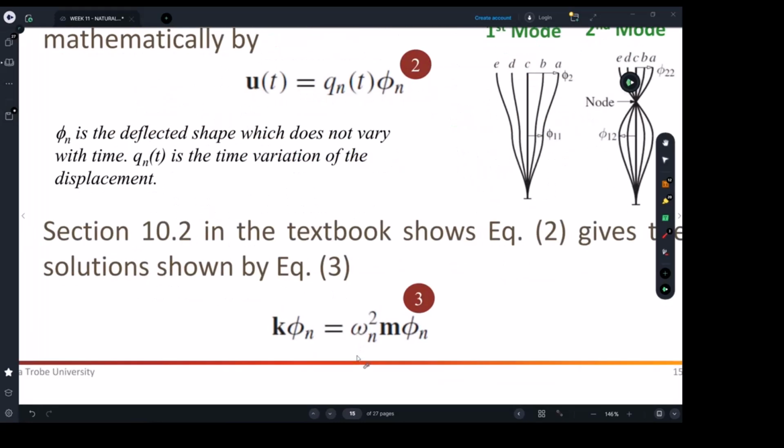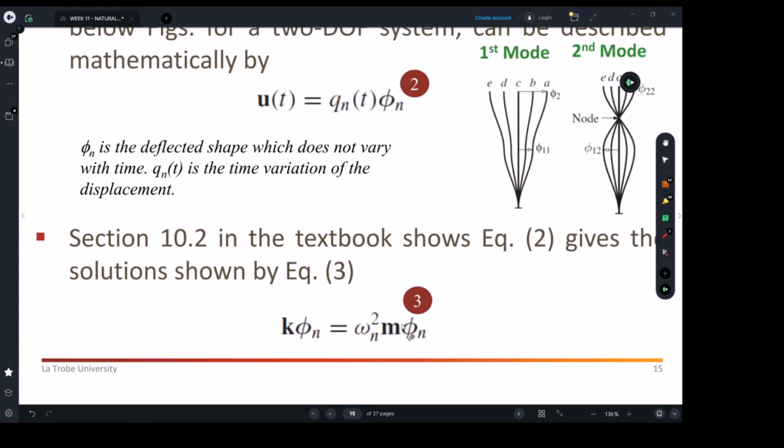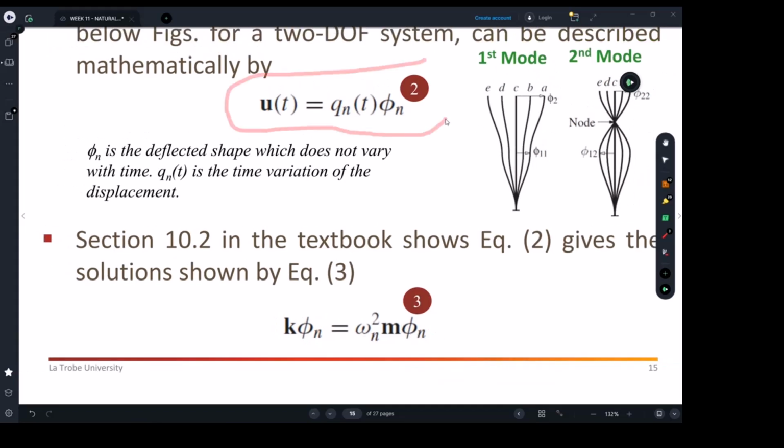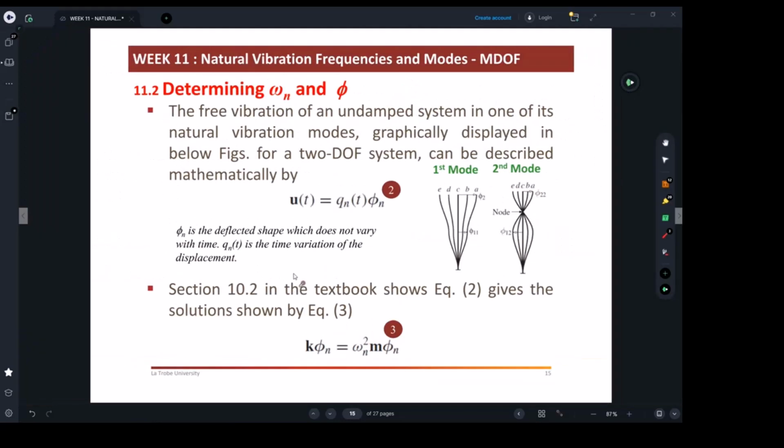Again, what we really want to find this week are the frequencies and the shape. Our starting equation is this one, which defines the displacement over time in function of the shape. And by incorporating the stiffness and the mass, we are able to rearrange this equation to equation number 3.